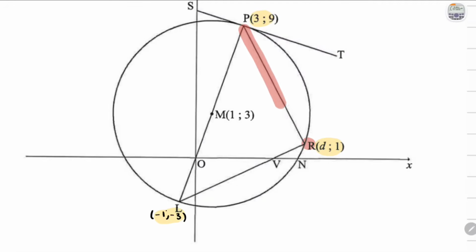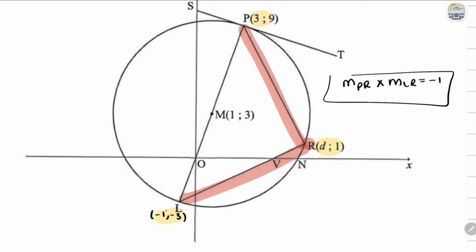So what do you remember about perpendicular lines? Which is what we spoke about, really. So they really just focus in on the same ideas and the same rules, really. So we know that if these two lines are perpendicular, then it means that the gradient of PR multiplied by the gradient of LR would give you -1. This is an equation.